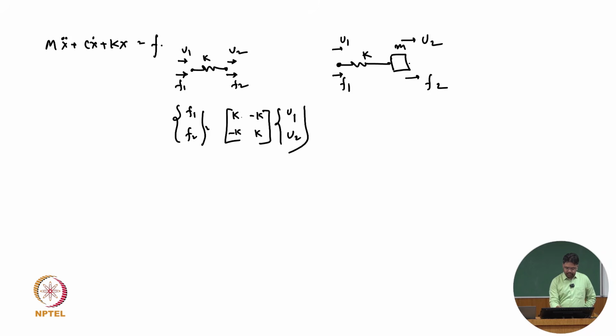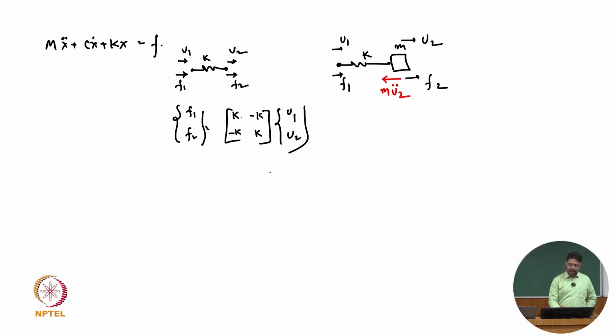First, we can write the equation of motion for the mass. If we draw the free body diagram of the mass, what are the forces acting on it? The mass is moving U2 amount, so the inertia force will come from the mass. Agreed?